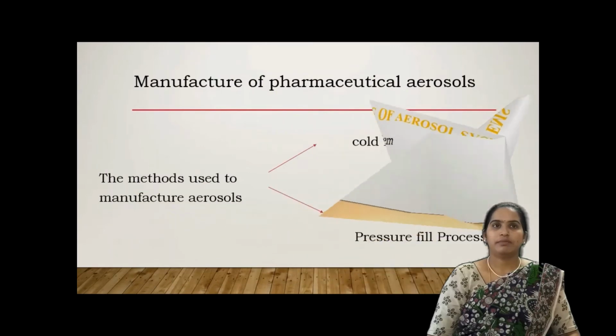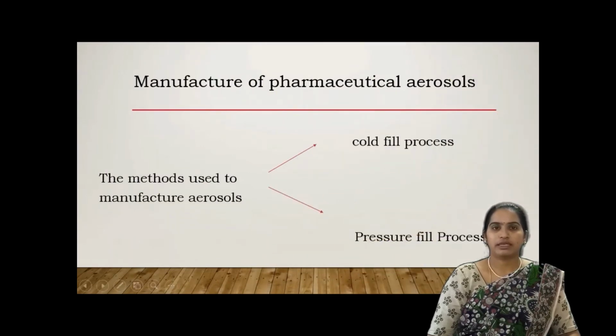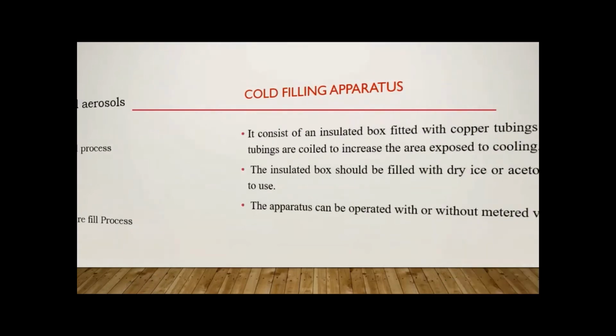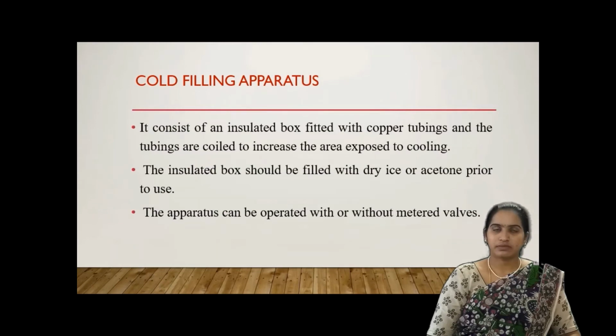Next, coming to the manufacture of pharmaceutical aerosols. There are two methods that are used for the manufacture of pharmaceutical aerosols: cold fill process and pressure fill process. For the cold fill process, the apparatus used is the cold filling apparatus.